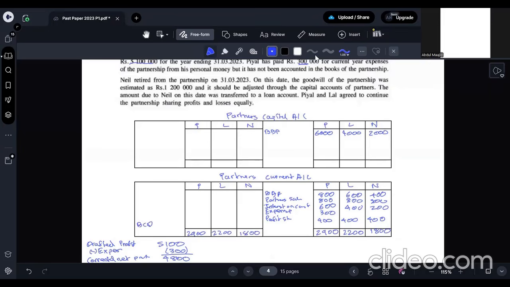For PL and Lal, you can take the balance, 2,900 and 2,200. Neil's balance you can transfer to the capital account, 1,800. You can transfer to the current account saying 1,800.